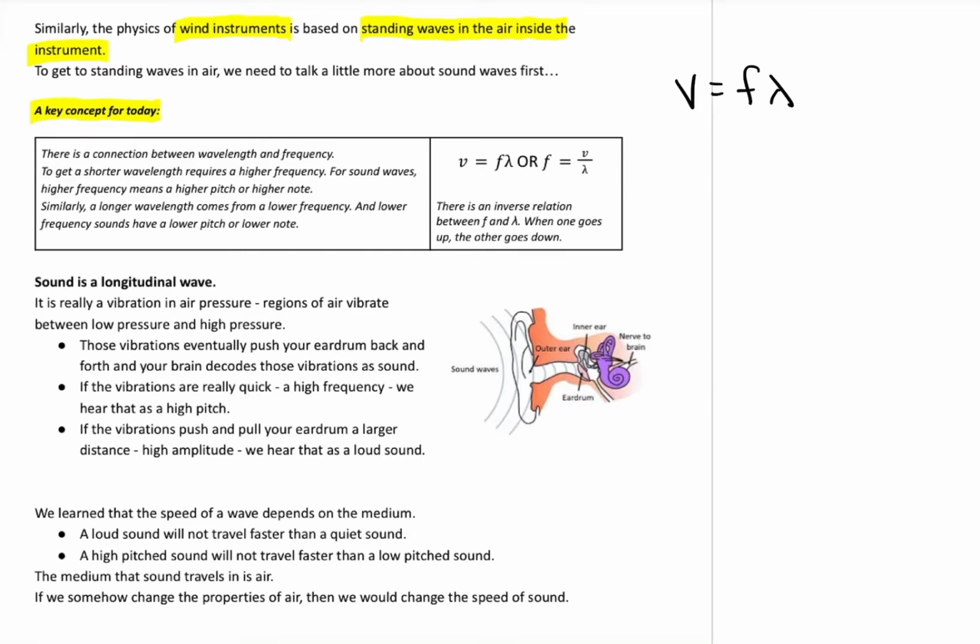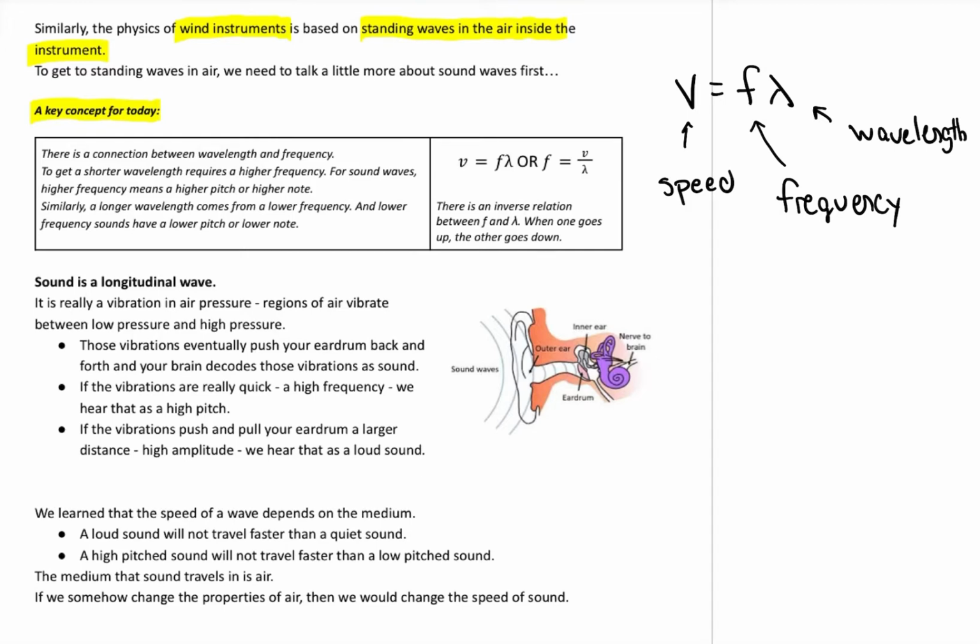If we know the speed of the wave, the v, and we can do some math to figure out the wavelength, remember the Greek letter lambda is the wavelength, from those two, then we can figure out the frequency. Really, if we know any two between speed, frequency, and wavelength, we can calculate the third.